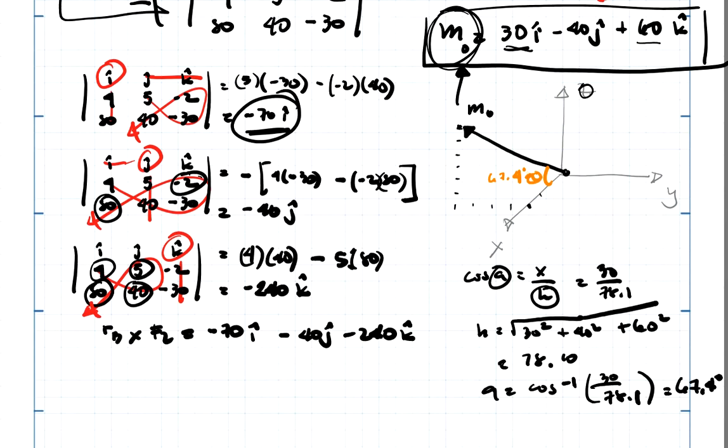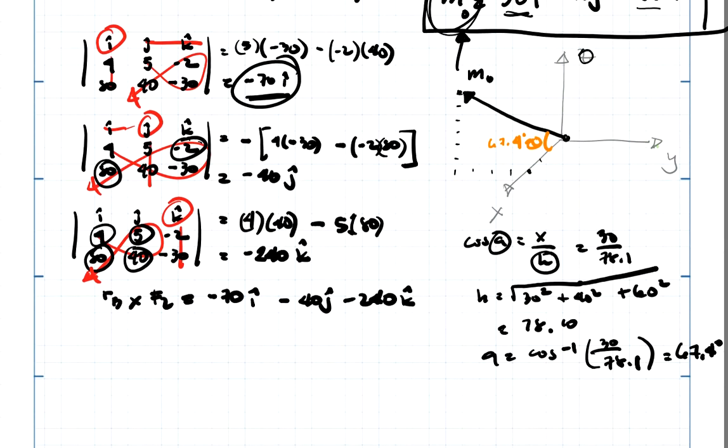And same process to determine the value of our beta, or the angle from the positive y-axis.